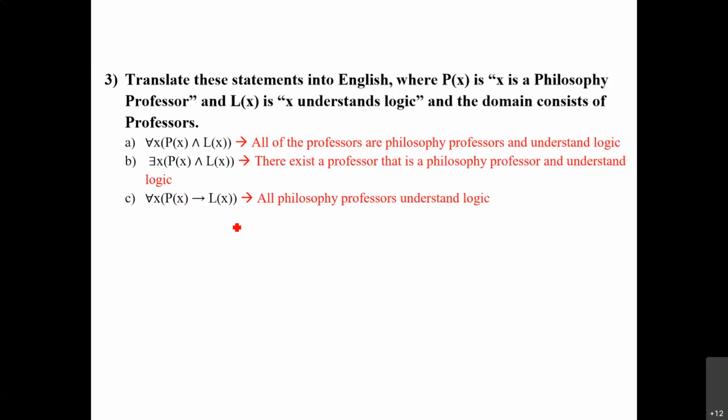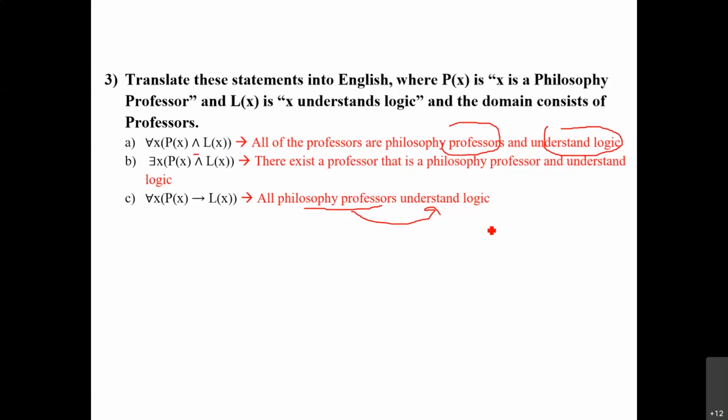Does that make sense? Before, with the and, we said, hey, you're a philosophy professor and you understand logic. Here we're saying all philosophy professors understand logic. It's kind of like saying, hey, if you're a philosophy professor, then you're going to be understanding logic.